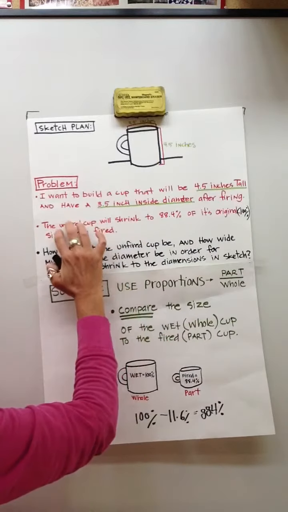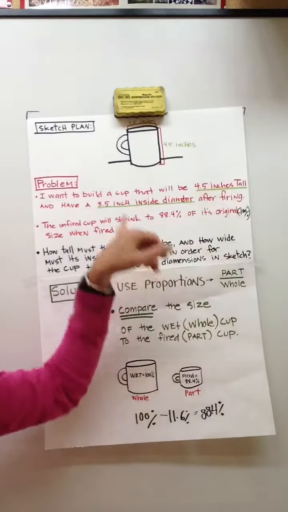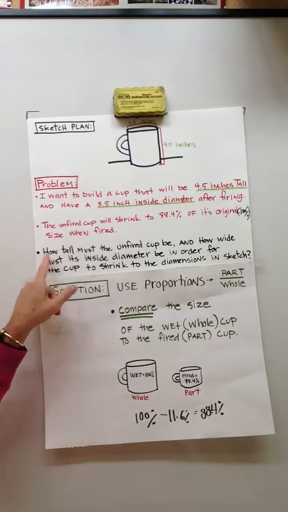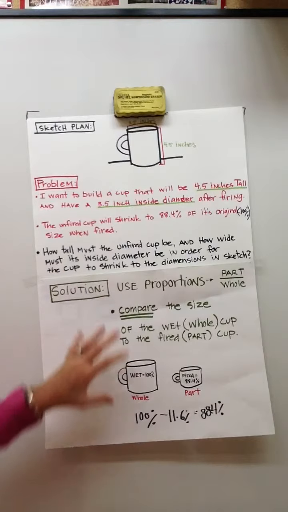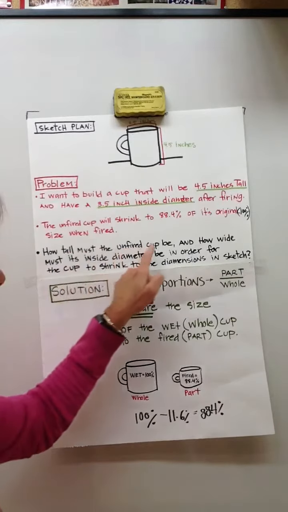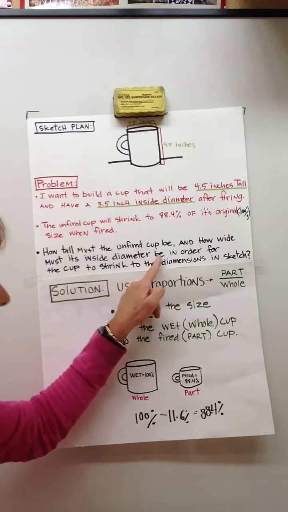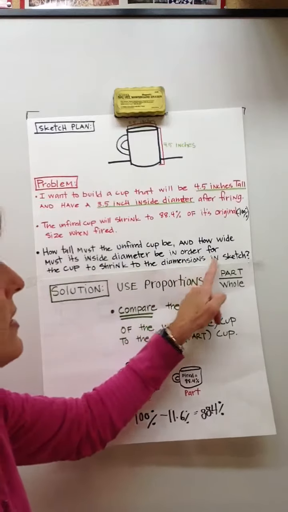This is given information, okay? We know what the problem is. We need to find out how tall and how wide the cup needs to be when it's wet. Now, right here, here's where the word problem is asking you what it needs. How tall must the unfired cup be, and how wide must its inside diameter be in order for the cup to shrink to the dimensions in the sketch?